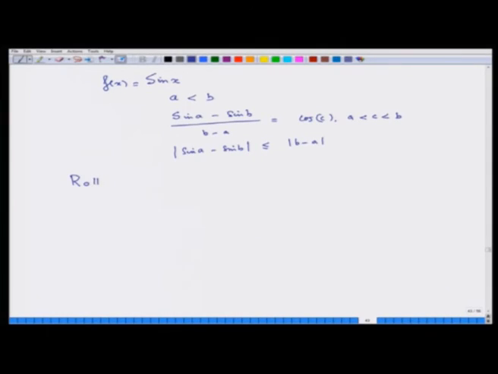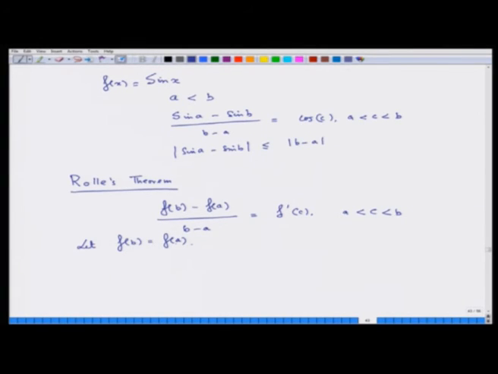Rolle was a very colorful character, by the way, but this theorem is very interesting. Now write down the mean value theorem. Now make this interesting assumption: let f(b) be equal to f(a).